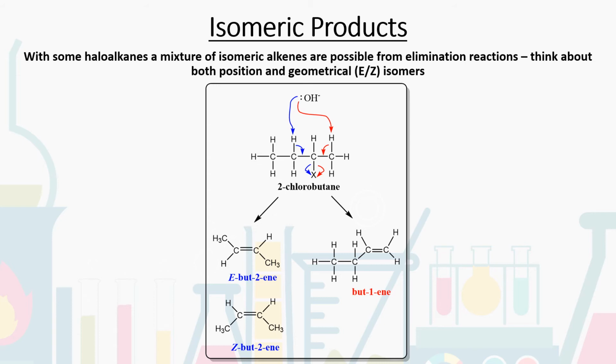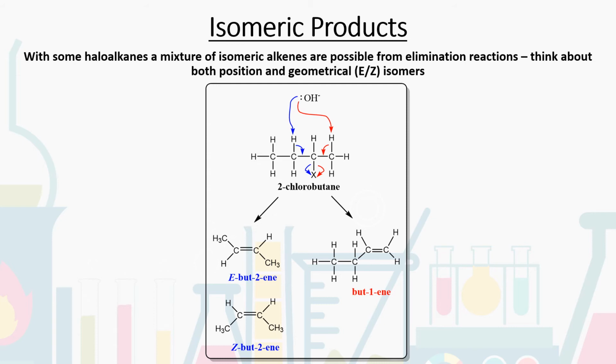But we can also form geometrical isomers, E/Z isomers, that form of stereoisomerism. That's because but-2-ene can form either the E or the Z geometrical isomer. If you're not happy with E and Z, remember to go back to my videos on alkenes. Essentially, we look to see if we have two heavy groups and whether they're attached to the same side of the alkene or opposite sides.